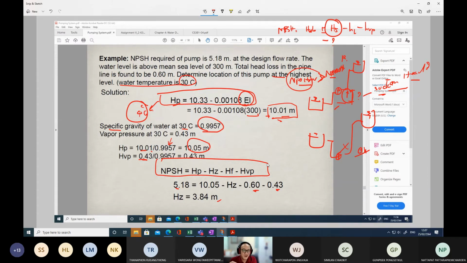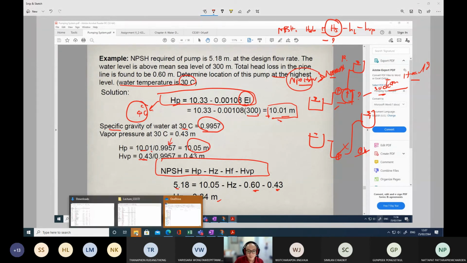Otherwise, if you don't maintain the NPSH available greater than the NPSH required, you will end up with cavitation, and finally the pump will be damaged if we keep operating it with cavitation. Okay, so this is about the NPSH required.